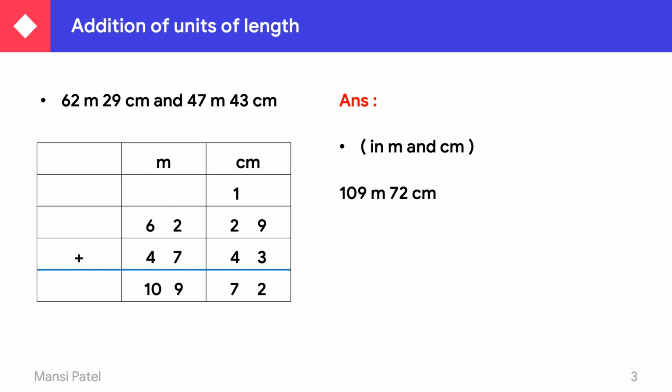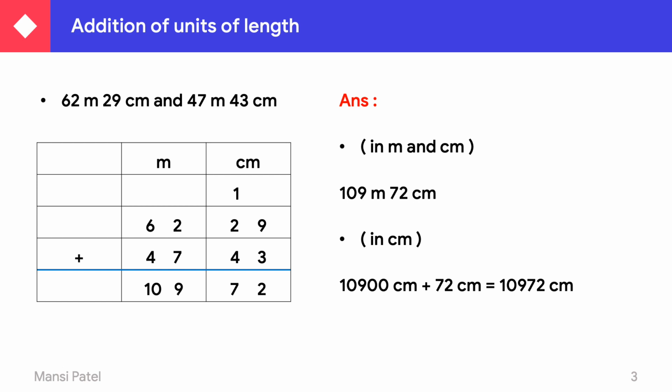But if in the question they mention that write down your answer only and only in centimeter, then you have to convert this 109 meter into centimeter. As we know that 1 meter is equal to 100 centimeter, so 109 meter is equal to 10,900 centimeter.